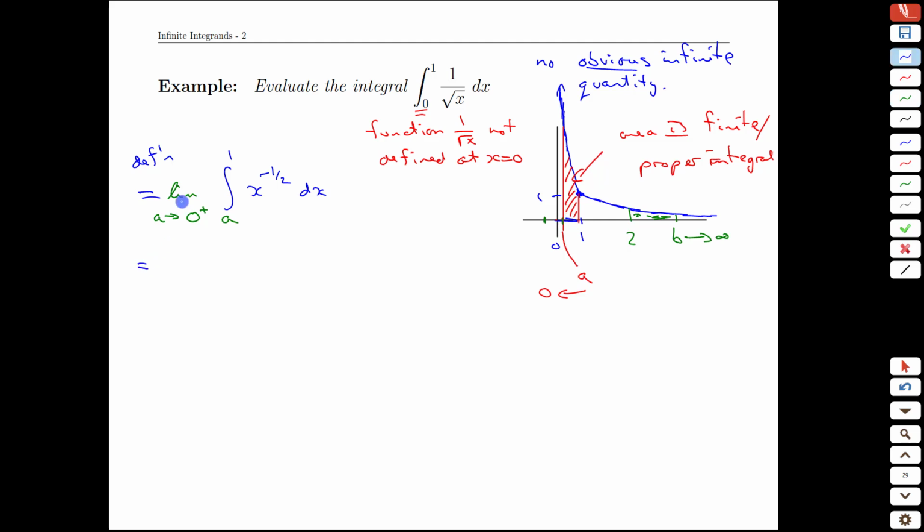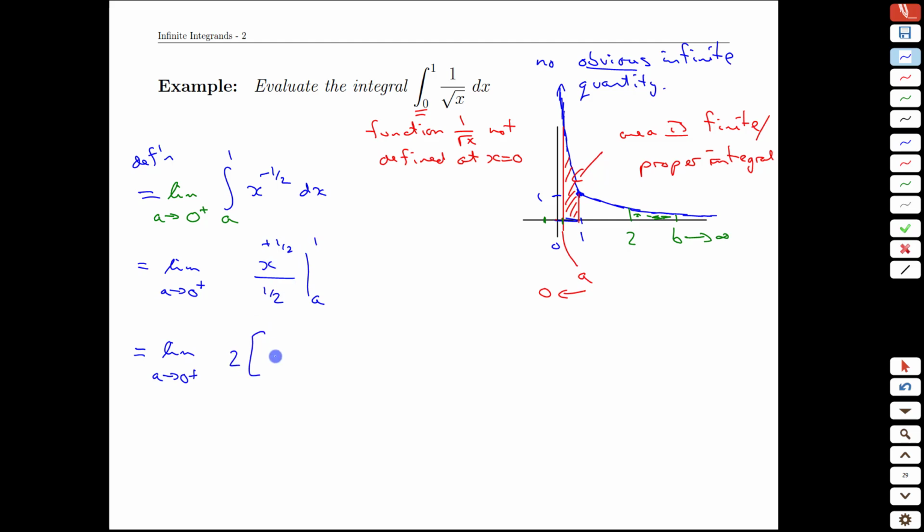All right, once we've applied that definition, we do exactly what we did with infinite quantities before. We evaluate the integral if we can. Here we add 1 to the power. We get x to the positive 1/2 over 1/2 between 1 and a. Then we sub in. The 1/2 is really a 2 multiplier.